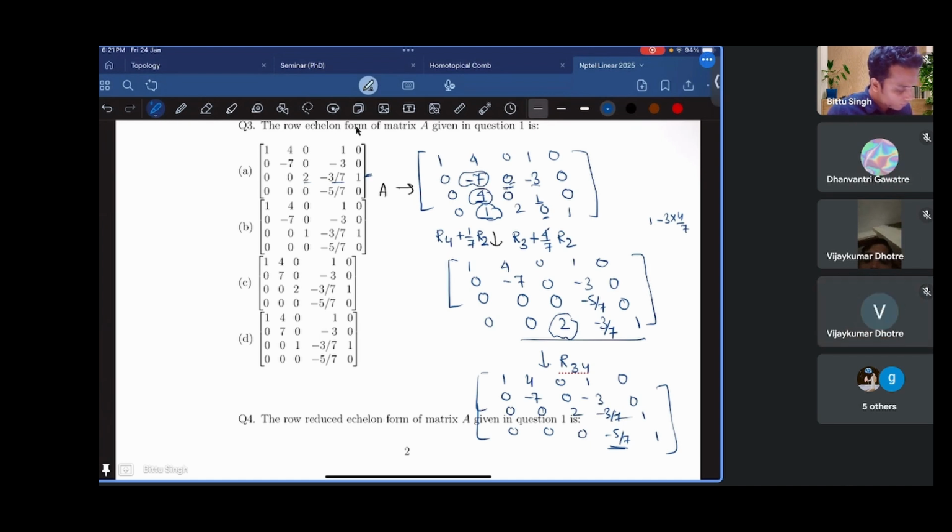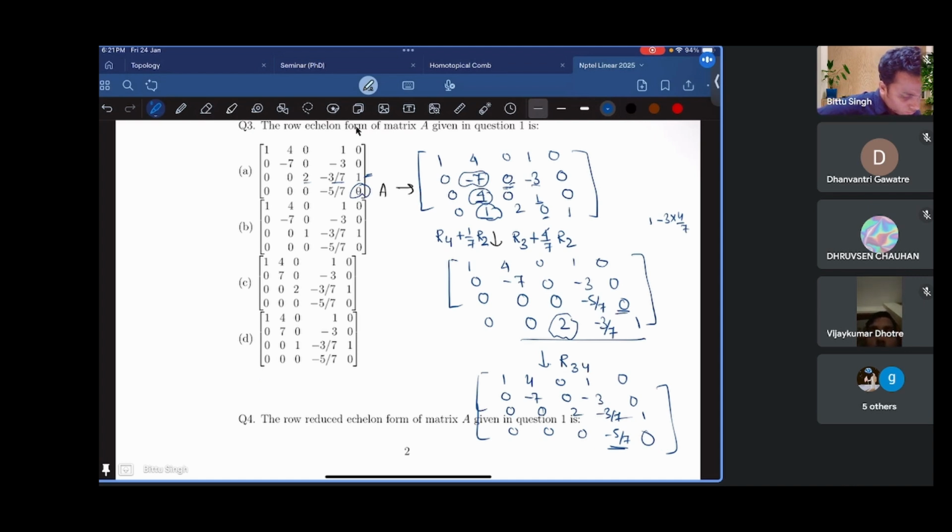This is also present. Minus 5 by 7. Here it is 0, but you can see there should be some 1. Right. Sorry, it is not 1. It is actually 0.